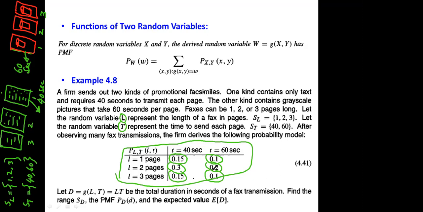And now they're telling a third random variable D, which is the multiplication of L and T. Now they are finding the range of D, PMF of D, expected value of D. Can you do it? Yes, sir. Then try to solve it first, then we will discuss.